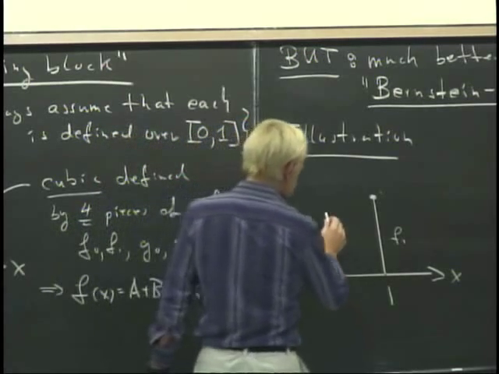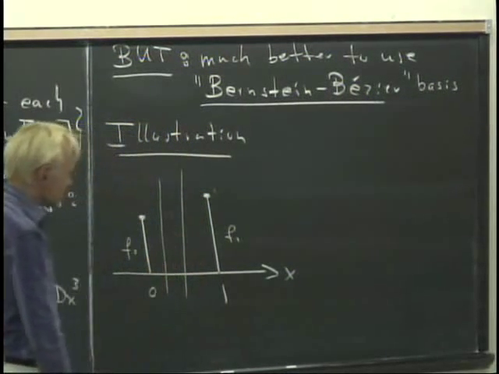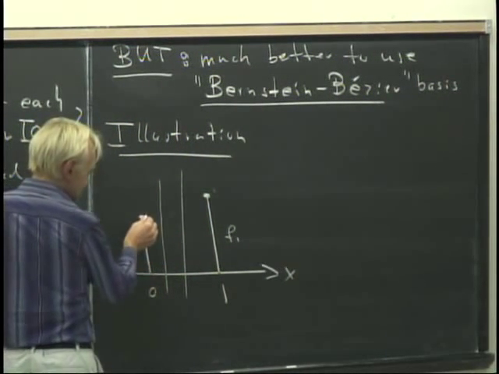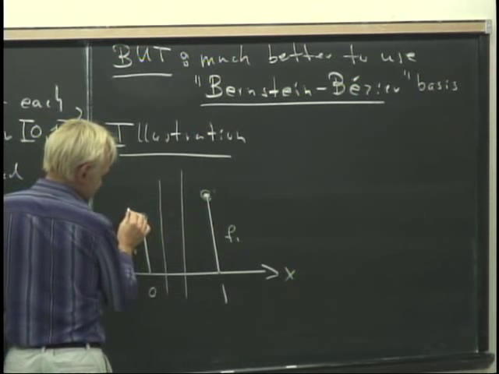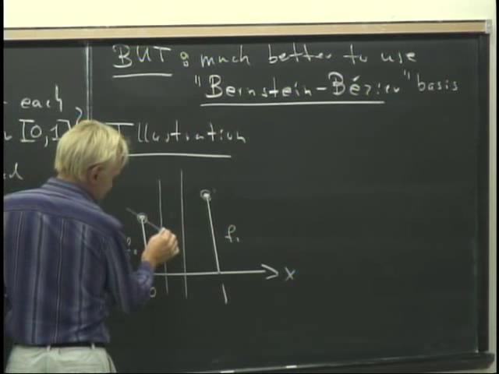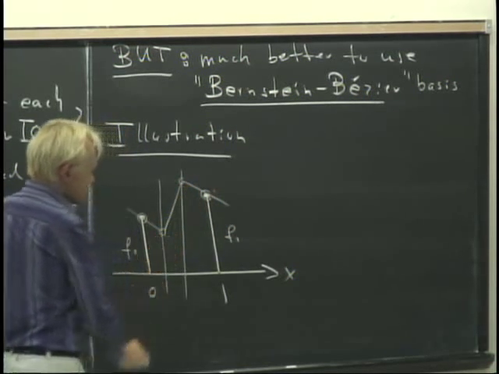So if I give you now these additional Bezier points, these are Bezier points, circles, and then I wanted to have a slope like this. This is a Bezier point, a slope like this. Here's a Bezier point, and this is a Bezier polygon.